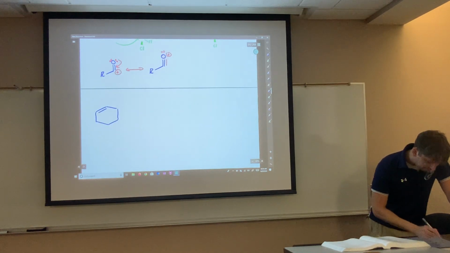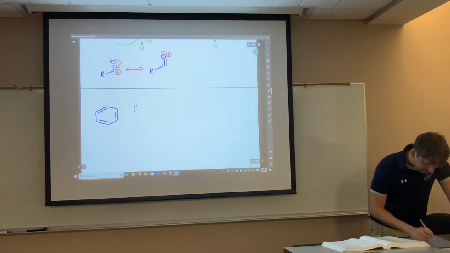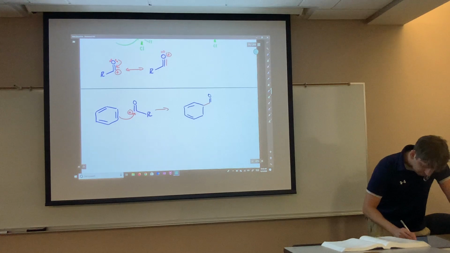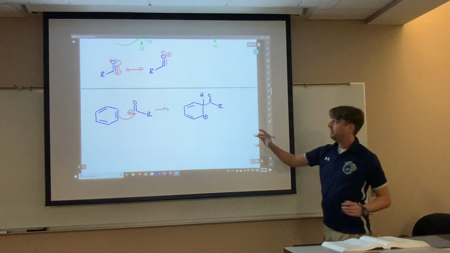You guys can probably speed through this because you know exactly what's coming. Once we generate our electrophile, then the ring's going to attack it. Nothing different here. So this is in red, this is blue, there's that. Fantastic.